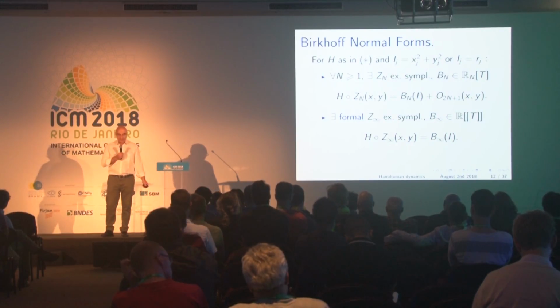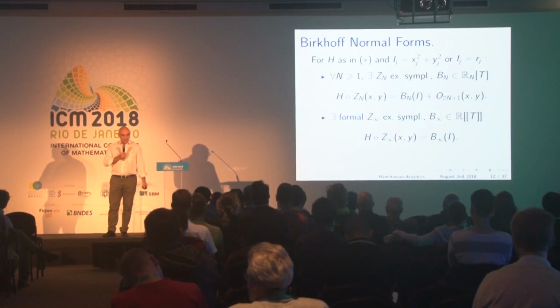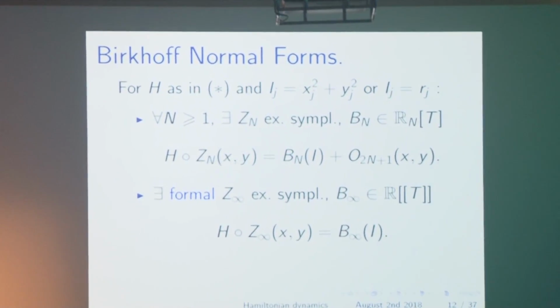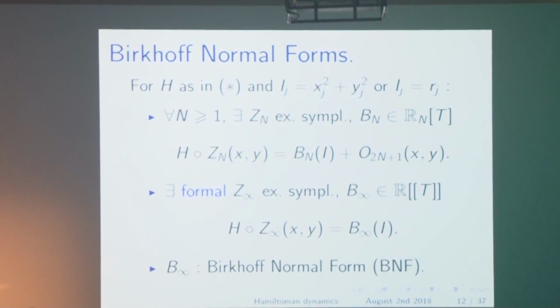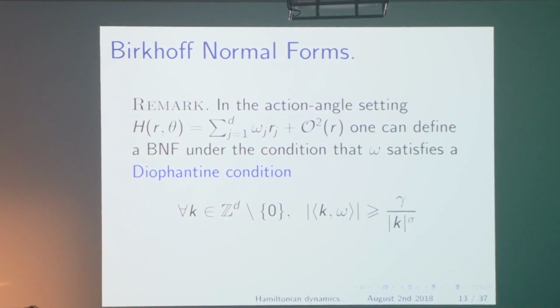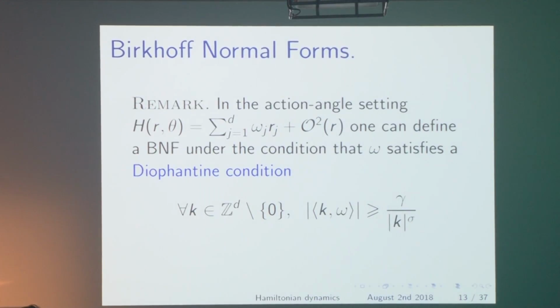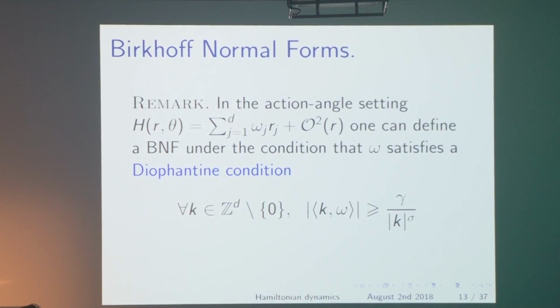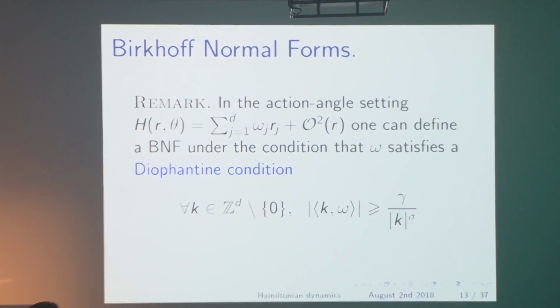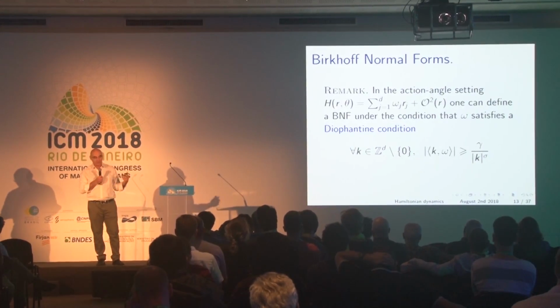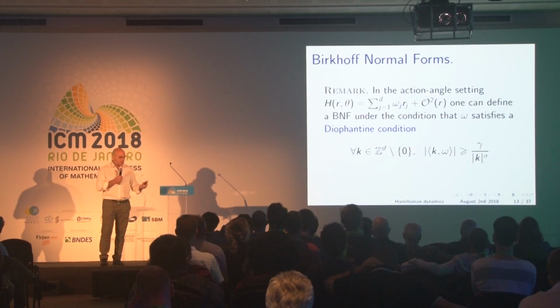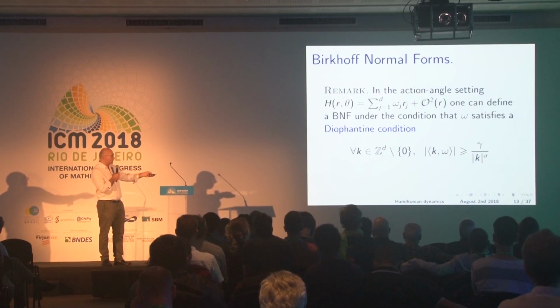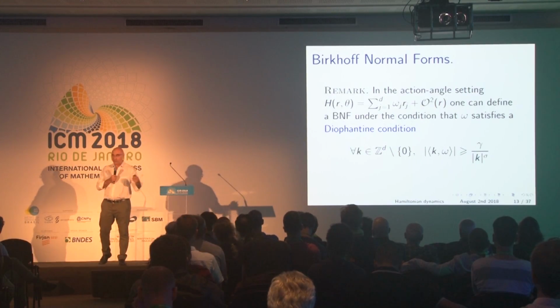So this is basically the Birkhoff normal form, and B infinity will be called the Birkhoff normal form. So just one further remark. In the preceding slides, I was discussing the case of equilibrium. If you consider the case of an invariant torus, omega has to satisfy a stronger condition. This condition is an arithmetic condition, a so-called Diophantine condition, which has this classical form. You can define in that case also Birkhoff normal forms.